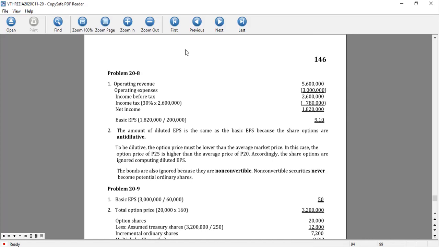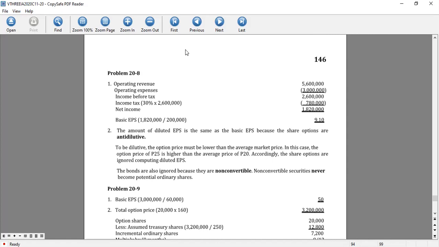Accordingly, the share options are ignored in computing diluted earnings per share.